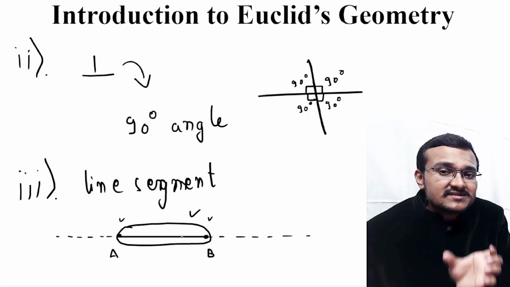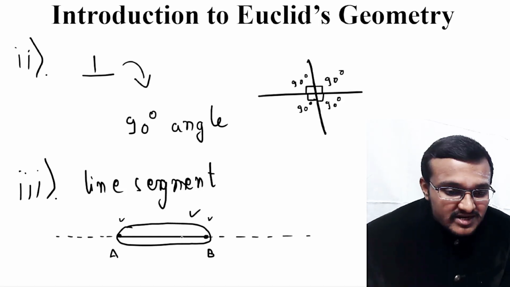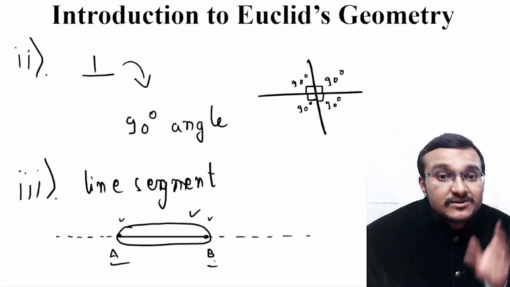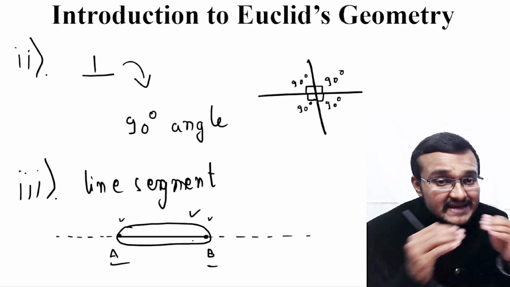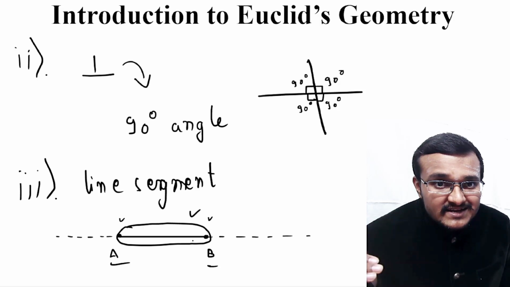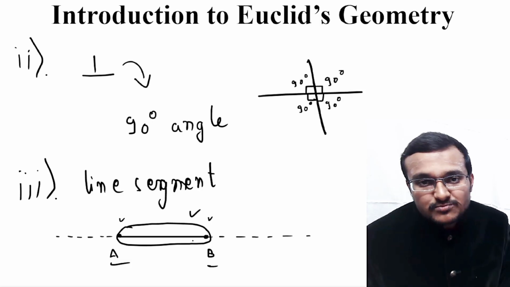So a line segment is a part of a straight line which has two terminating points or two endpoints.